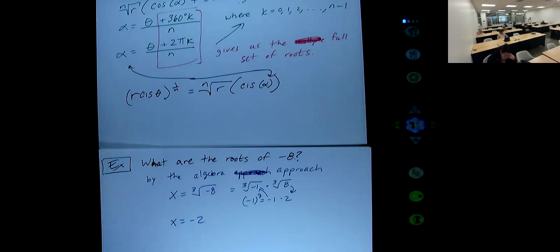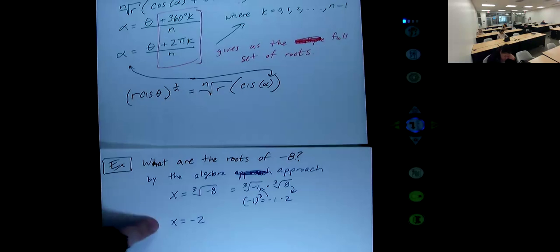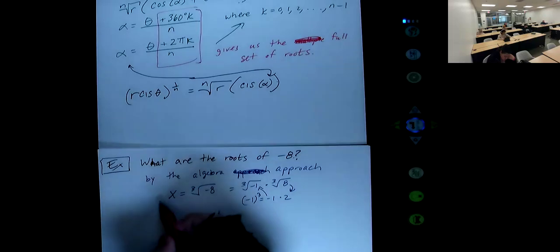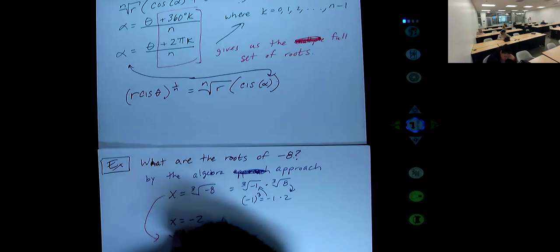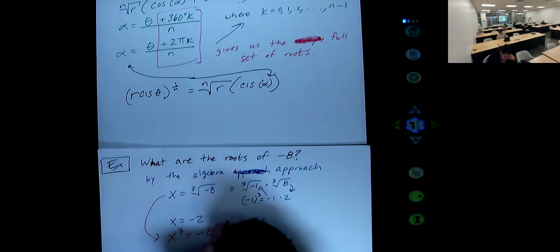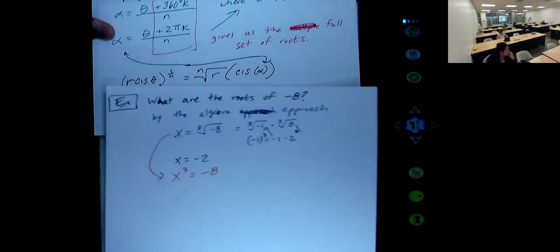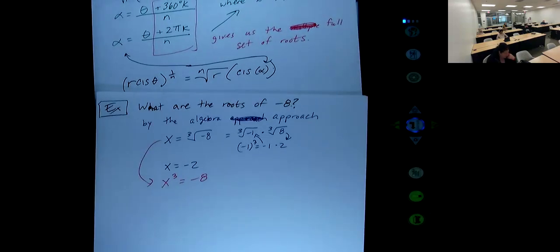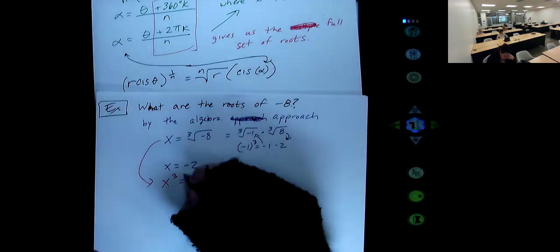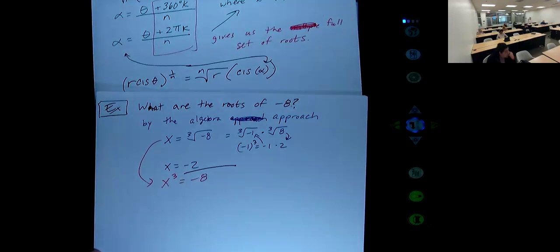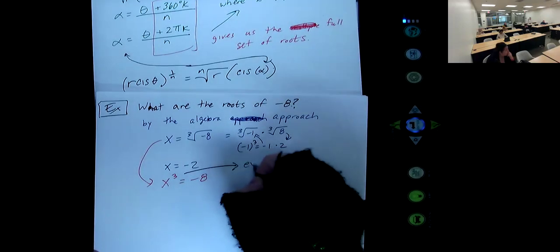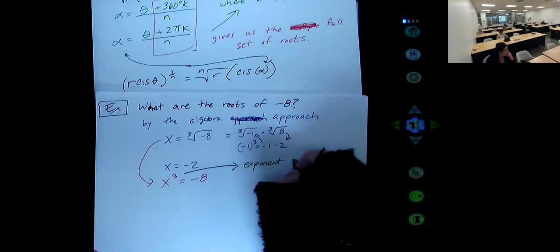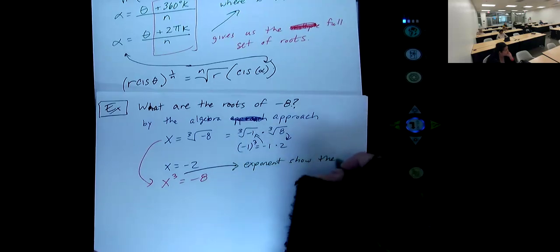If you put in the calculator the cube root of -8, this is the answer you're going to get, -2. But this is also like saying, if I cube both sides, x cubed equals -8. The reason I say that is when you write it like this, the exponent shows the number of possible solutions.